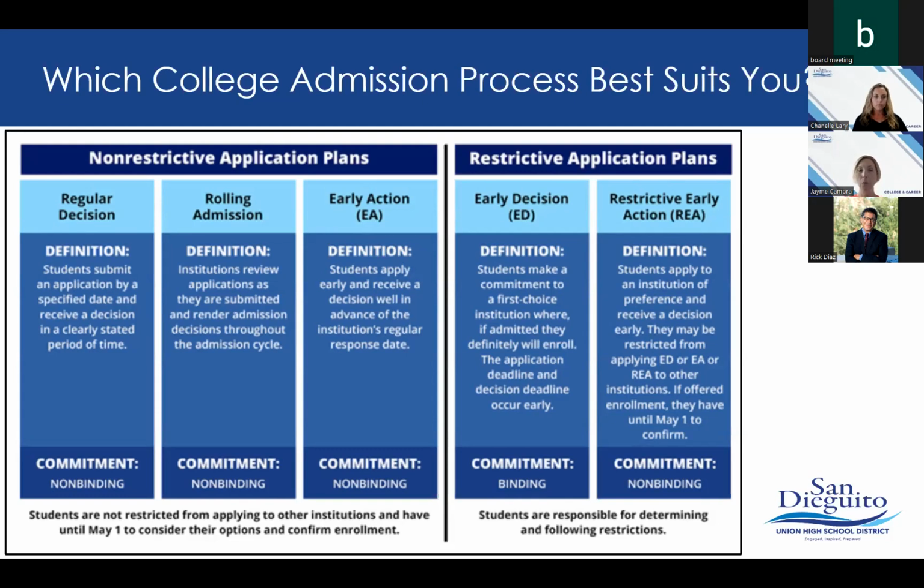And then once they hear back, they will determine where they're attending based off of the admission decisions they've received. Rolling admission is exactly as it sounds, where applications are open even now. There's some campuses that will have rolling, where students can apply today and hear back in a week or two. So it's ongoing throughout the entire cycle. And a lot of students like to use rolling admission for potentially 1 to 2 schools, just to have an application in for their mental health and personal well-being, knowing that they're already getting a start on this application process.